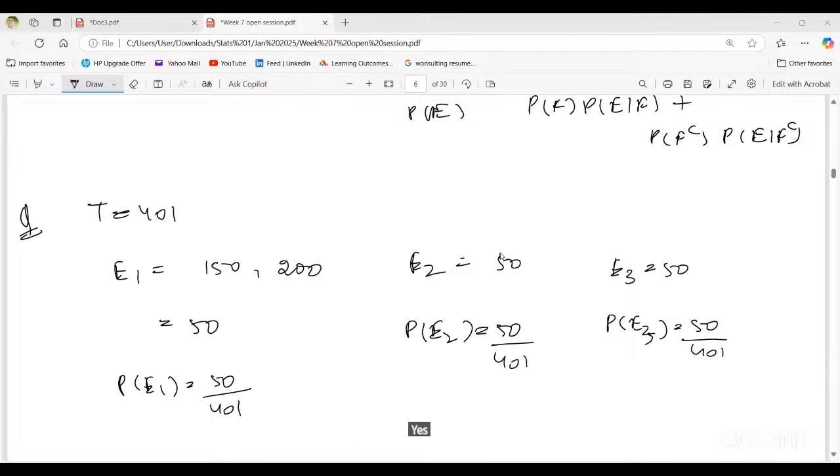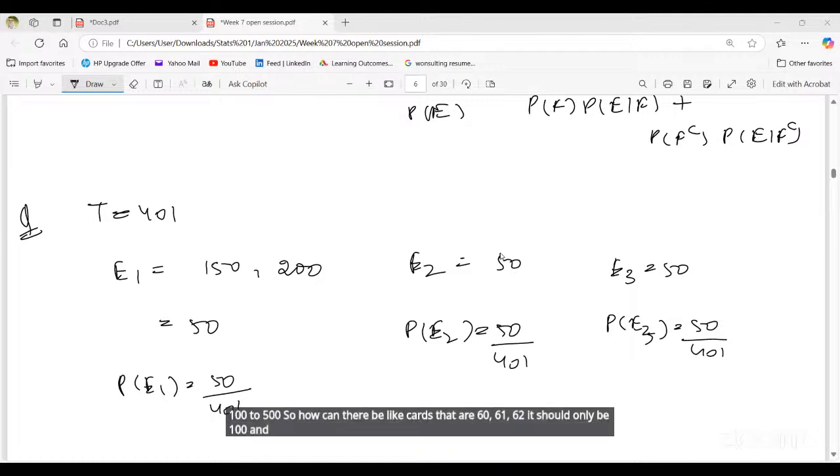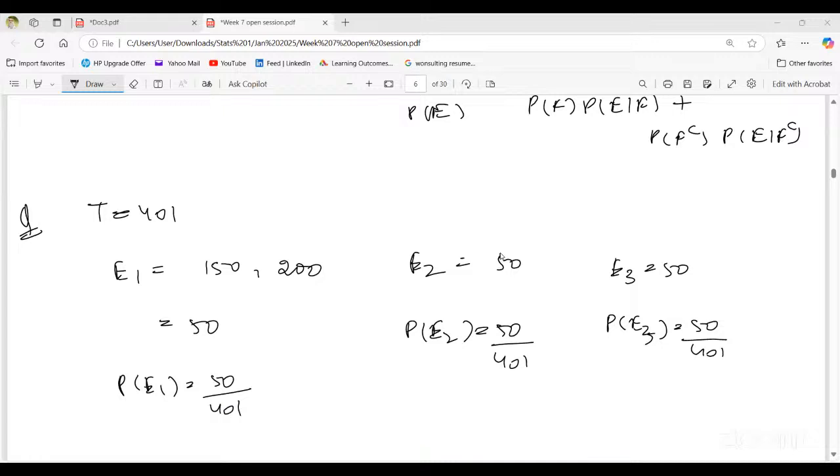Yes, ma'am, but the urn contains cards numbered 100 to 500. So how can there be cards that are 60, 61, 62? It should only be 100 and above, right? Because initially they say cards numbered 100 to 500.